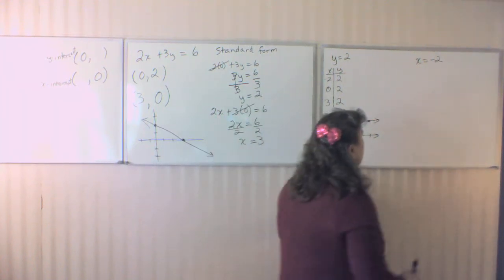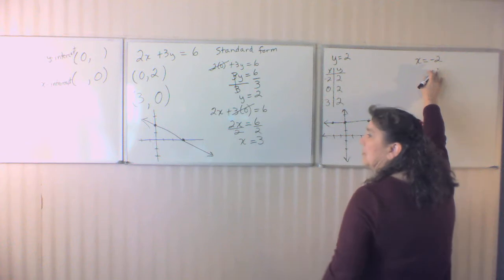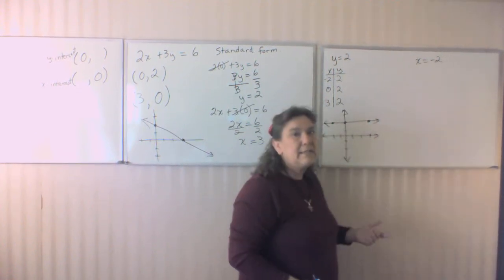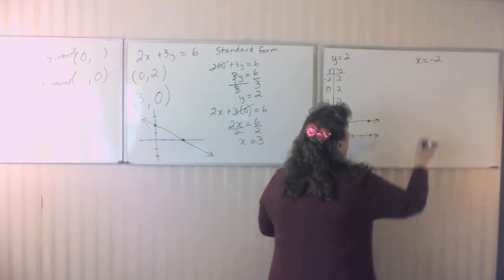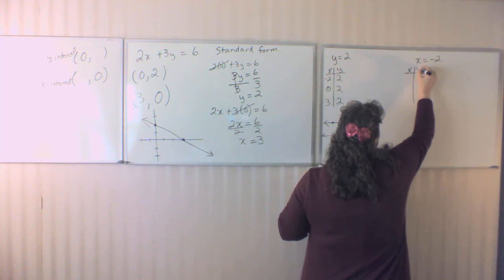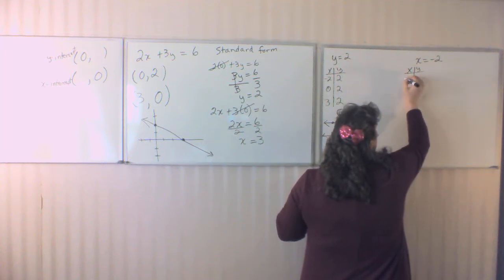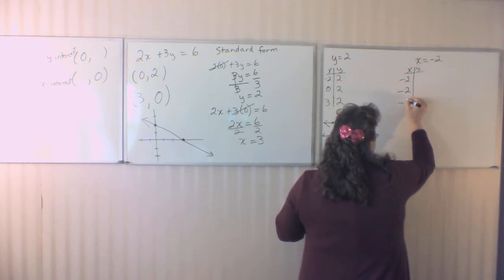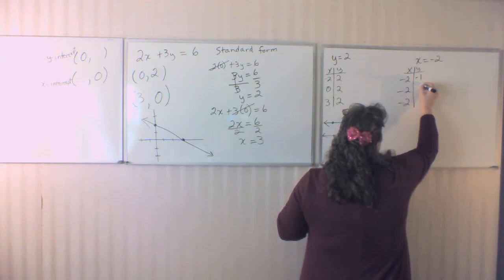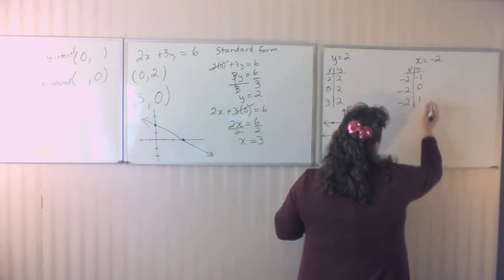On the other hand, over here, we have x is equal to a -2. And so when we say x is equal to a -2, again, we are going to have our little x, y, t-chart, but this time my x values all have to be a -2. And again, my y can be anything I want it to be.